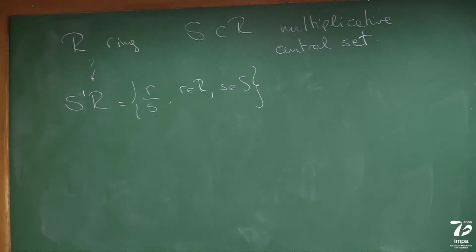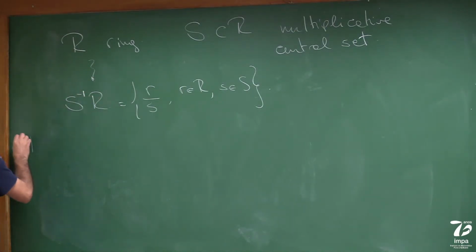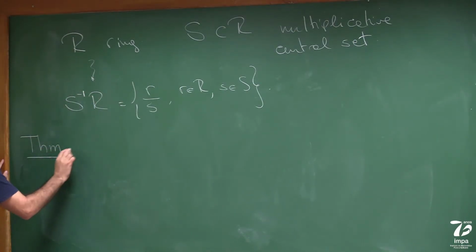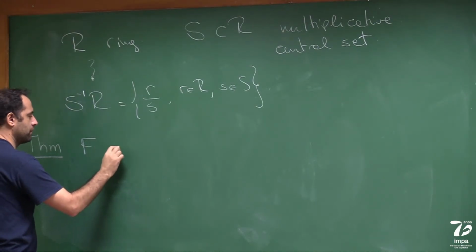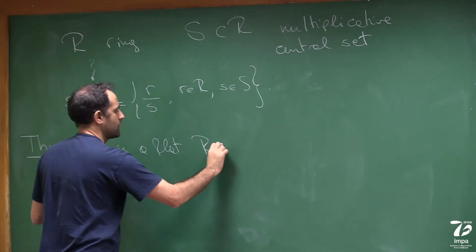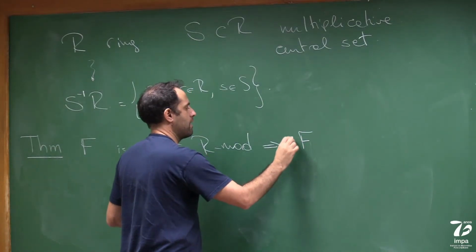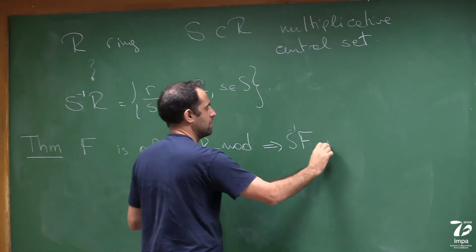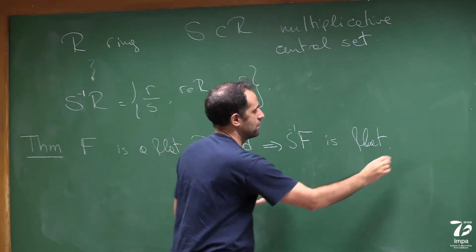All right, so theorem. If F is a flat R module, then the localization is flat over the open.